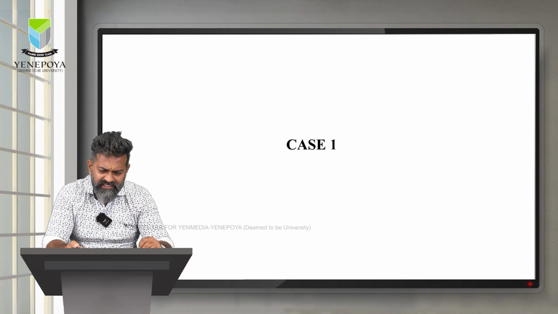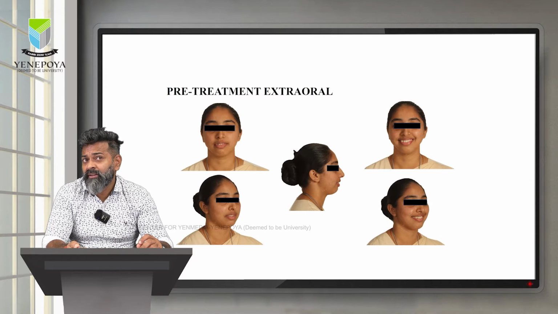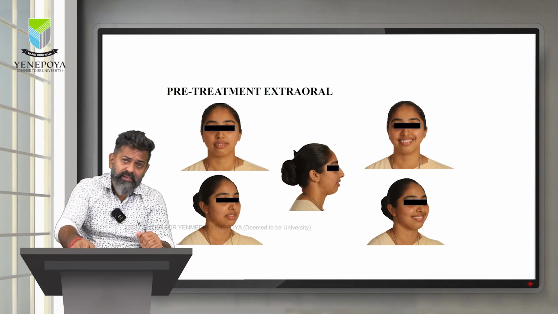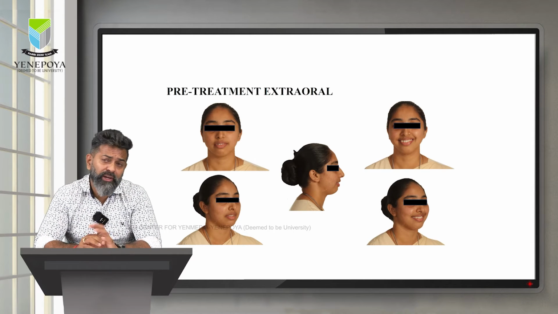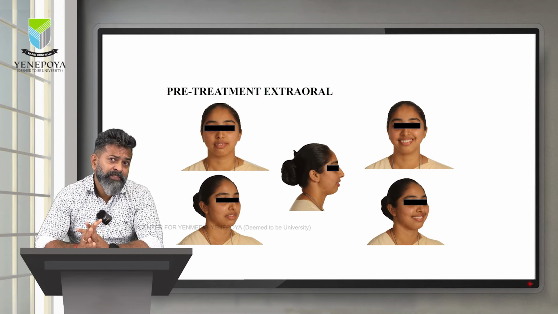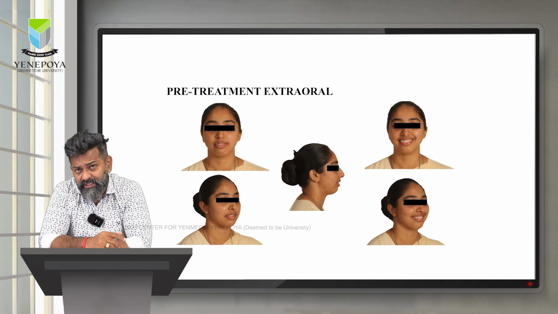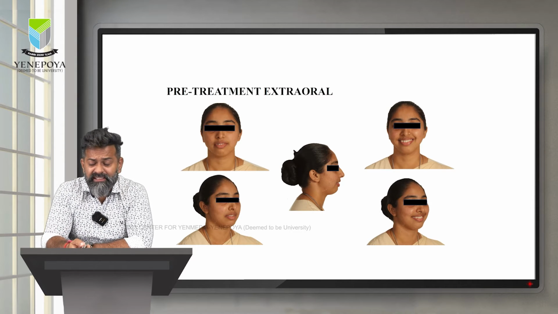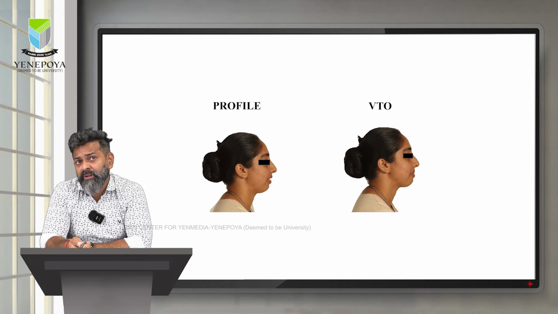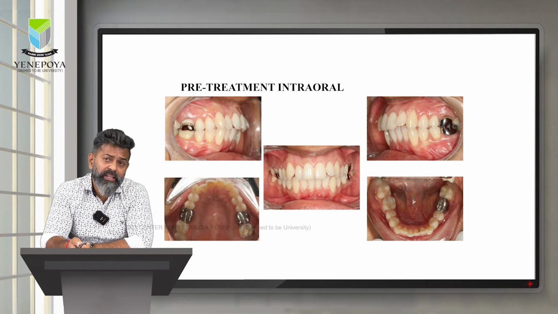So, let us see what are the cases we have treated in our department. Now, this is the first case, who came to us with the complaint of irregularly placed upper incisors. When we went on with the diagnosis with various methods, radiographic, photography and others, we came to know that there is a slight open bite tendency with crowding in the upper and lower arch.